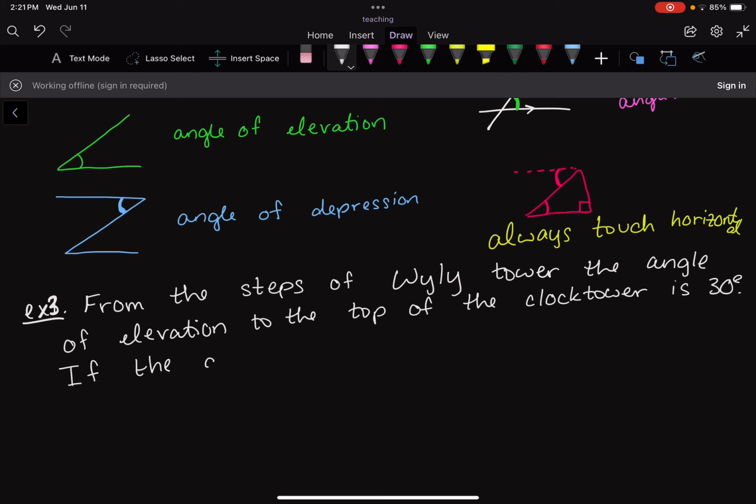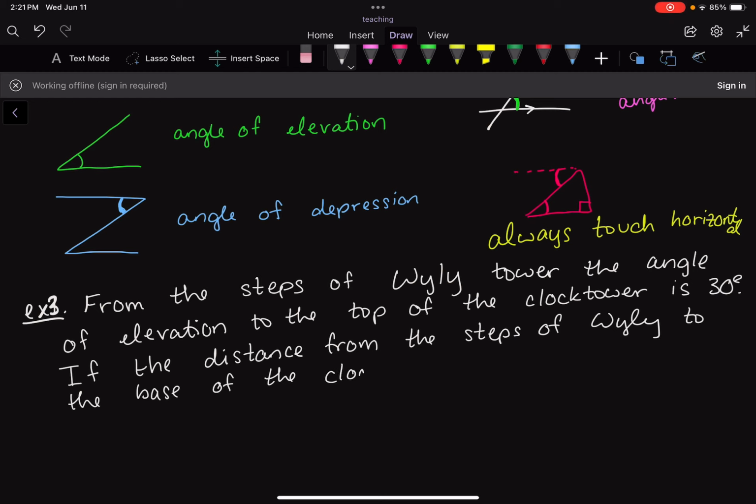If the distance from the steps of Wiley to the base of the clock tower is 1,200 feet, what is the height of the clock tower?